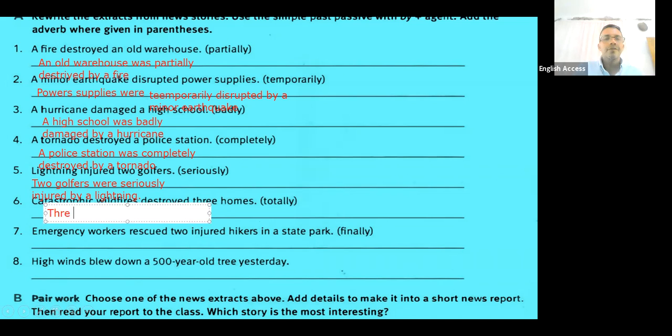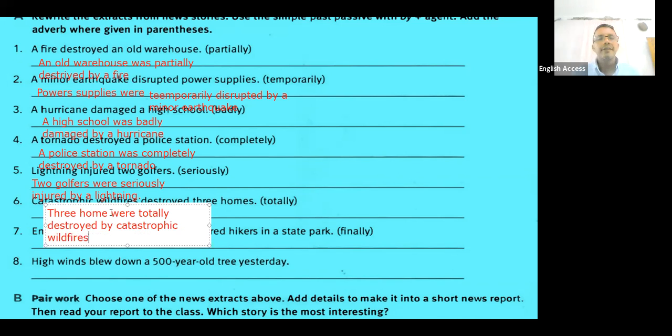Three homes were totally destroyed by catastrophic wildfires.